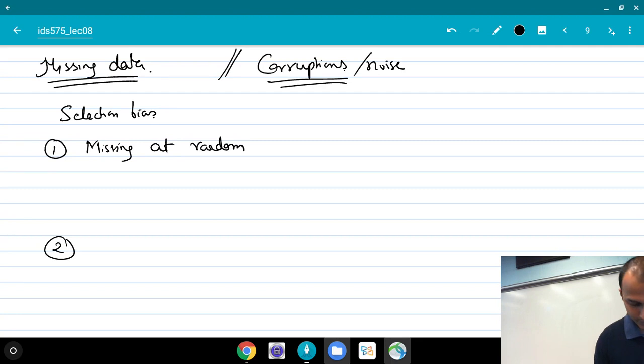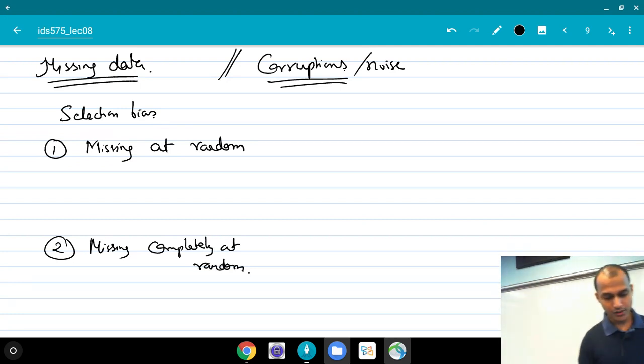Okay, and the second one is missing completely at random. Okay, so the way we think about these two settings is as follows.